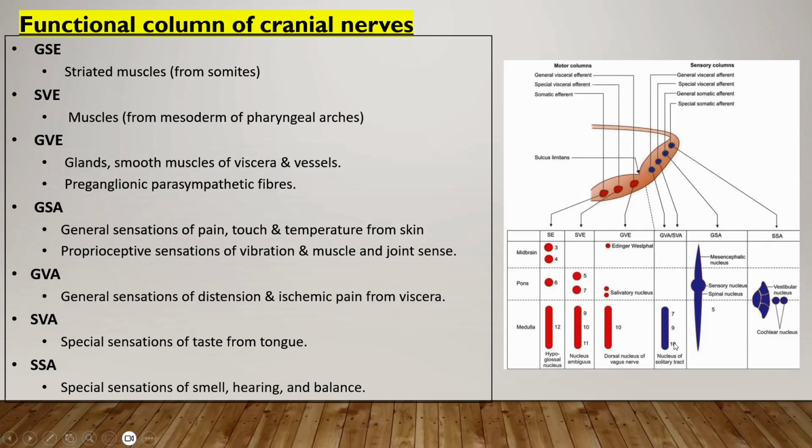Also the 10th nerve has the functional columns of general visceral afferent and special visceral afferent. One more example, suppose we say the abducent nerve. How many functional columns are there? The abducent nerve has general somatic efferent, and also general somatic afferent. Then if we say the 8th cranial nerve, how many functional columns are there? It has only one functional column, that is special somatic afferent.